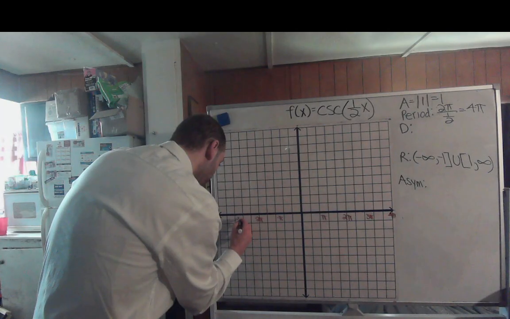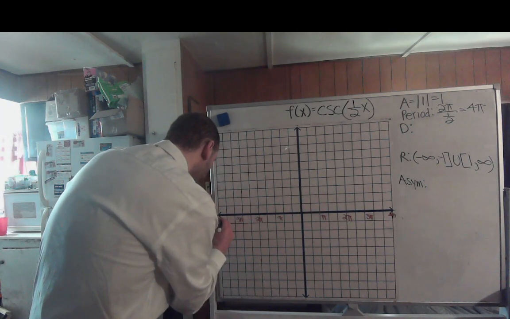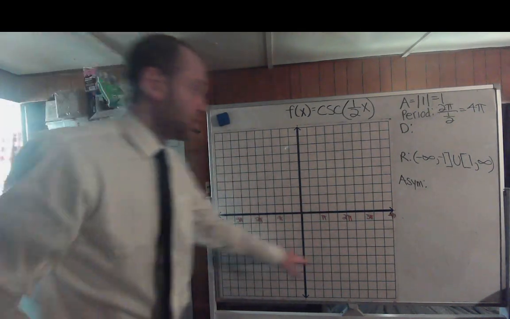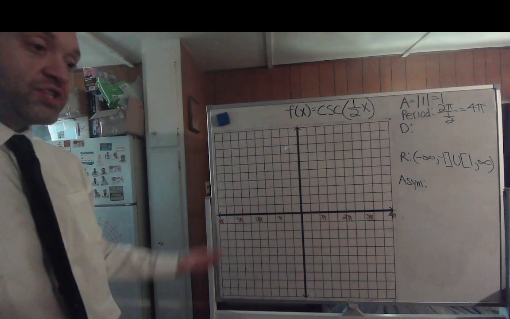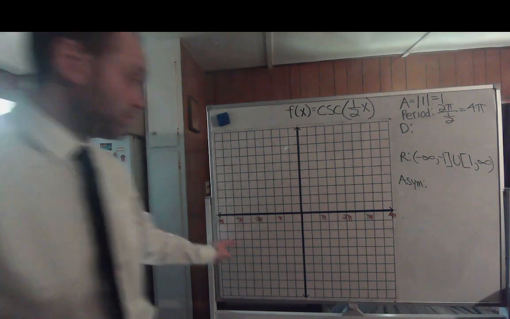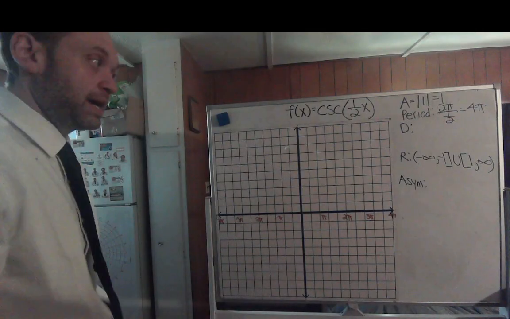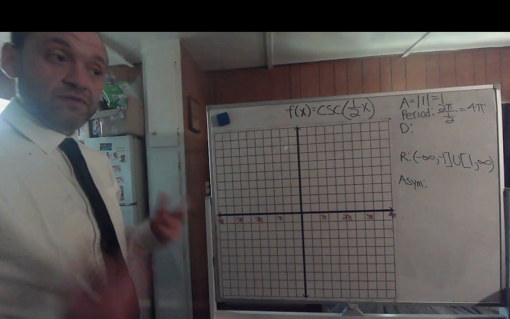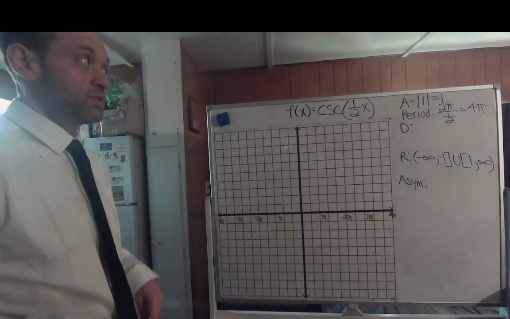Negative 3 pi. Negative 4 pi. All right. So the period's extended all the way to 4 pi, so we have 2 full periods from negative 4 pi to positive 4 pi. Okay. Well, guess what? That is definitely going to affect our domain and asymptotes.